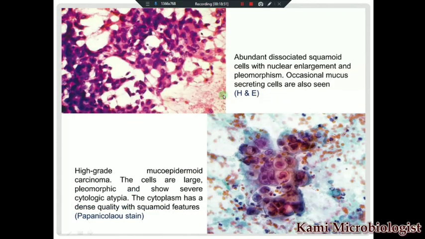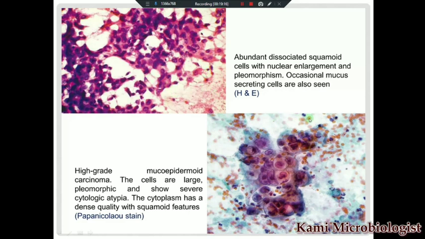These two are other cancer cells, and this is showing abundant dissociated squamous cells with nuclear enlargement and polymorphism. Occasionally mucus-secreting cells are also seen in this case. As you can see, mucus is also secreted.